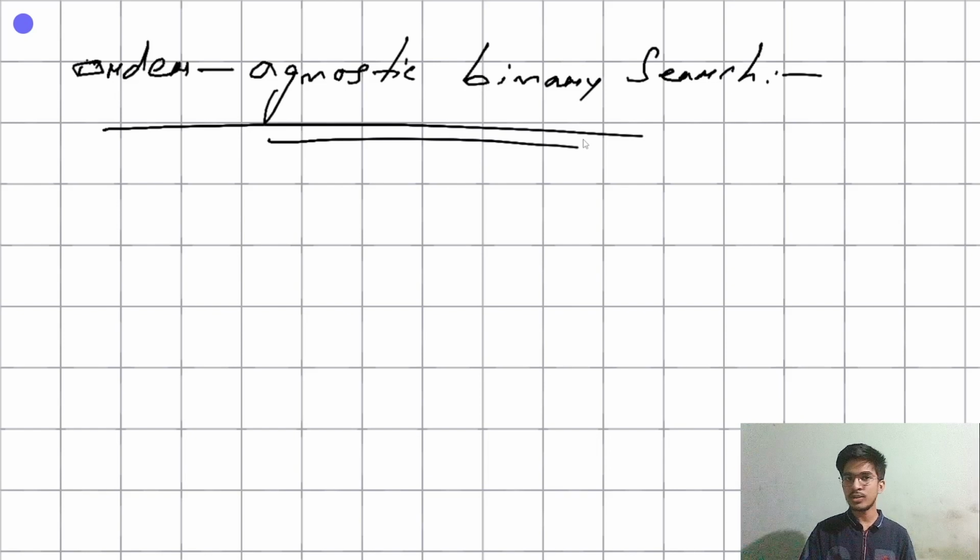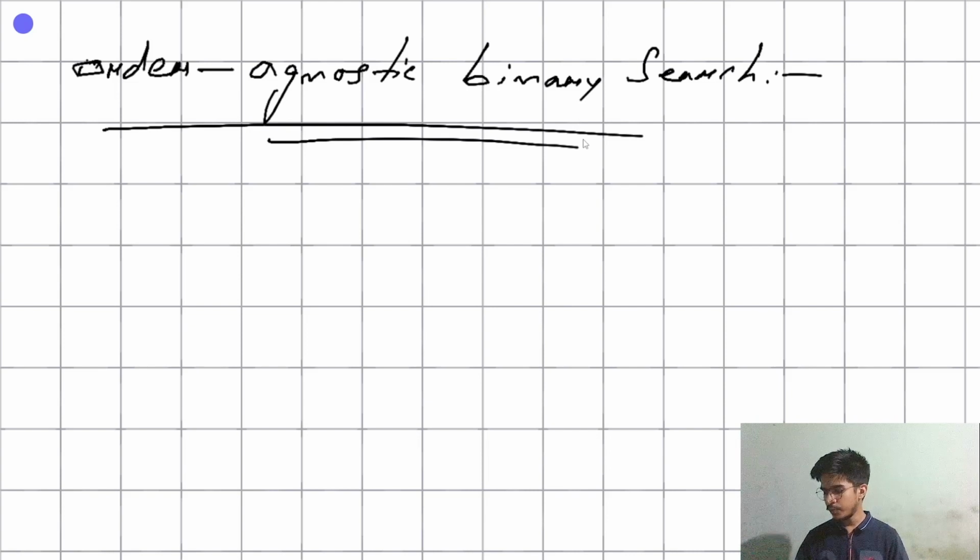But in the case of the order agnostic binary search, whatever you are given, whether it is ascending order or descending order, the order agnostic binary search algorithm will give you the answer. It doesn't depend on how the sorted items in the array are arranged, ascending or descending.